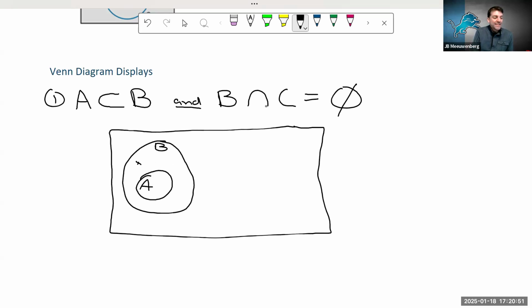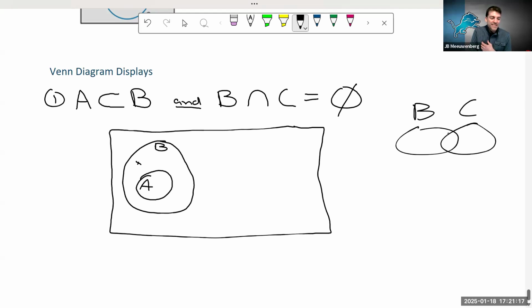But then I said, and this also has to be true. B intersect C is the empty set. Well, what does that mean? It means that there's another set C that if you look at the intersection point of B and C, there are no elements in there, right? So normally if we look at B and C as 2 intersecting sets, the intersection point would be here, right?